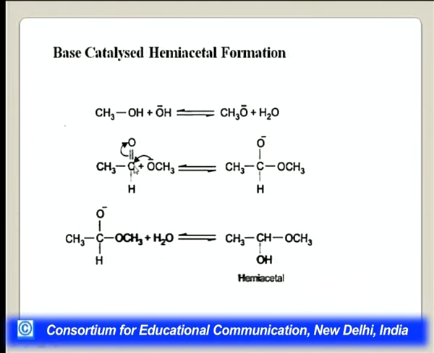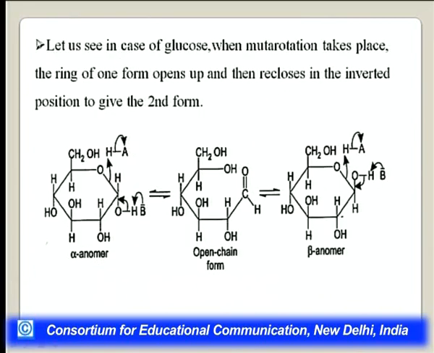As soon as it acquires a positive charge, this attacks this electrophilic carbon. So you will get this kind of tetrahedral intermediate. Now, on hydrolysis it will give you the hemiacetal, right? So, these two, acid catalyzed and base catalyzed hemiacetal formation, are there.